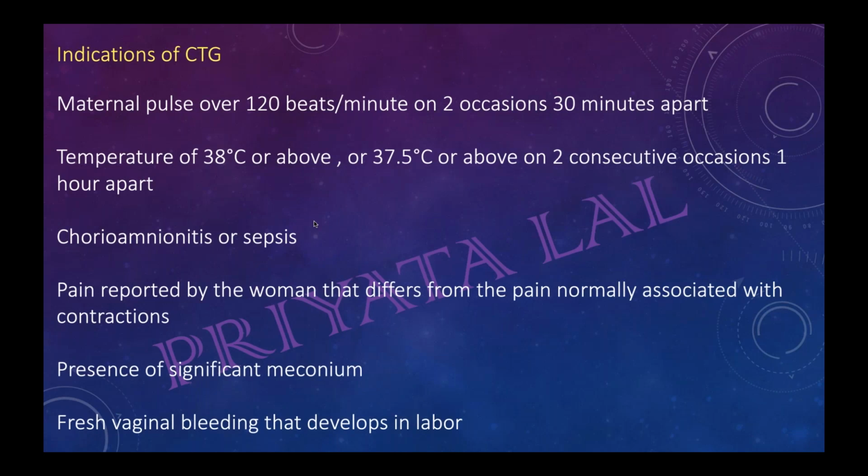So when maternal tachycardia is there, when temperature is 38 or more, or it is 37.5 on 2 occasions 1 hour apart, when there is suspicion of chorioamnionitis and sepsis, when there is pain reported by a woman that is different from normal contractions, when there is meconium or there has been bleeding during labor. So these are the indications.